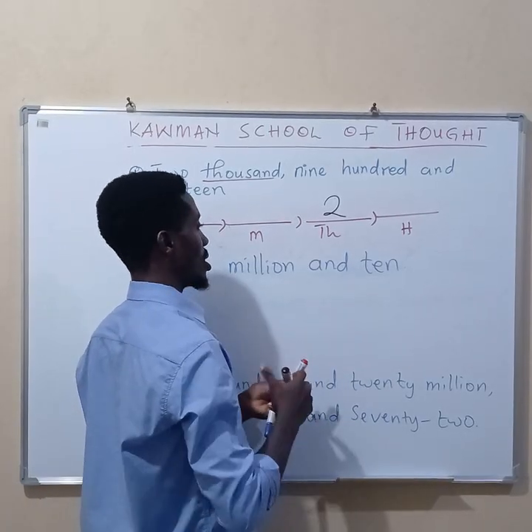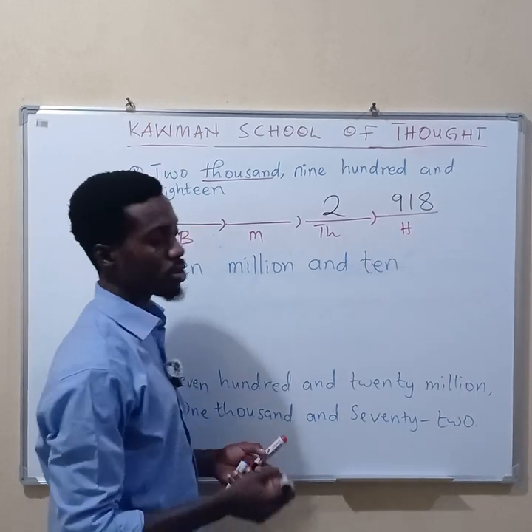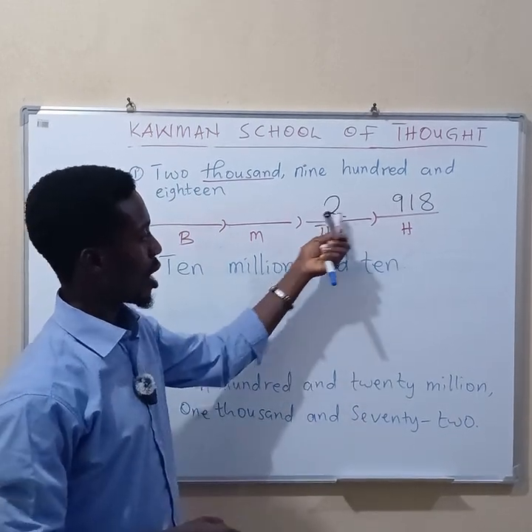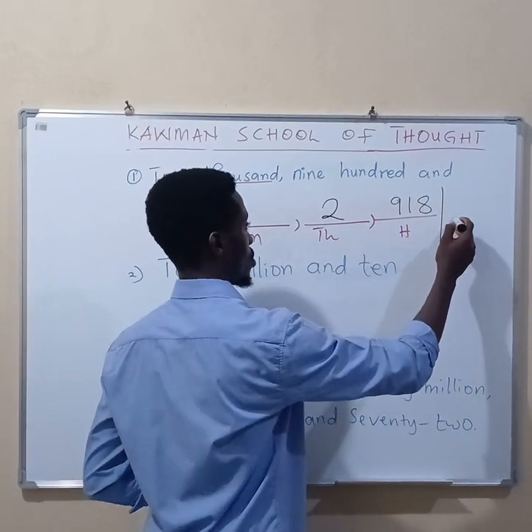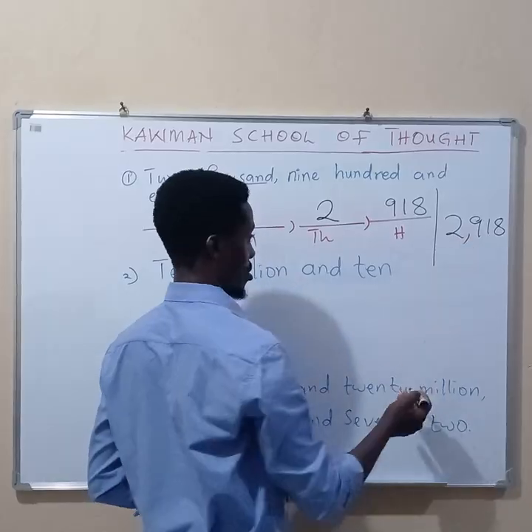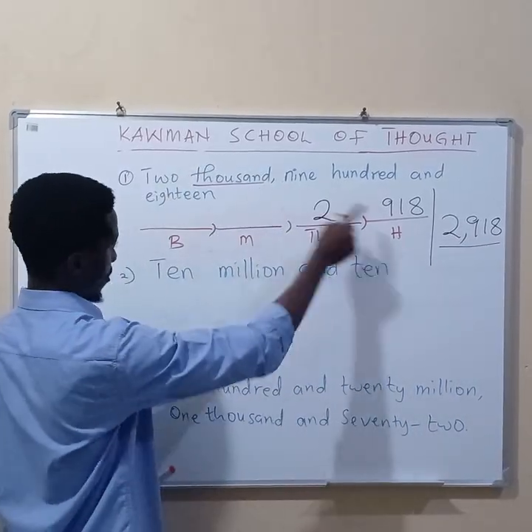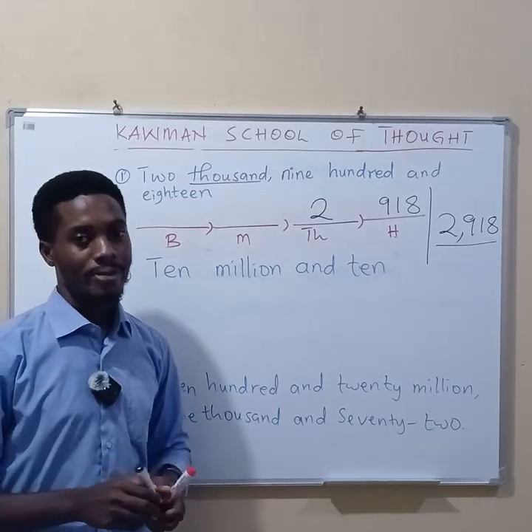So we're going to be looking at this, 918. That's all. So this is going to be 2,918. If you want, you can rewrite this as 2,918. And this is what we have here in figures, from words to figures. And that's all you need.